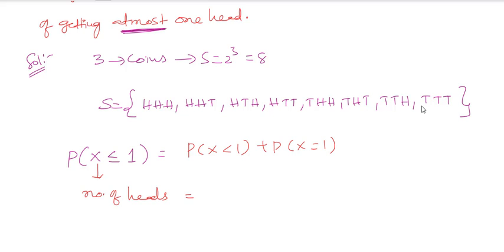The probability of x less than 1 means x equal to 0, so I have to do P(x = 0) plus P(x = 1).